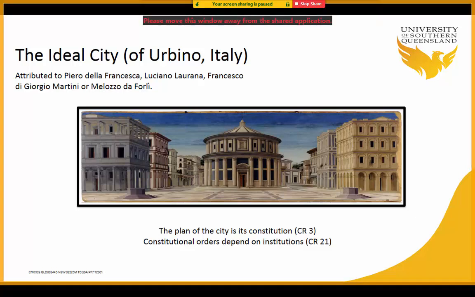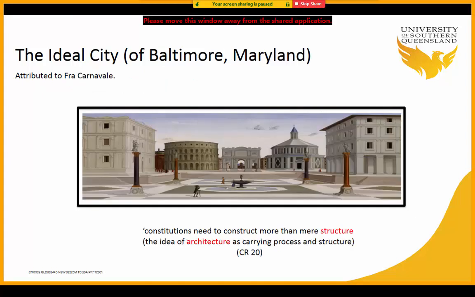So this is pretty much an ideal type. Okay? It's an ideal type. So if you compare it to this ideal city, still an ideal city, but you can see now that this painting has people.